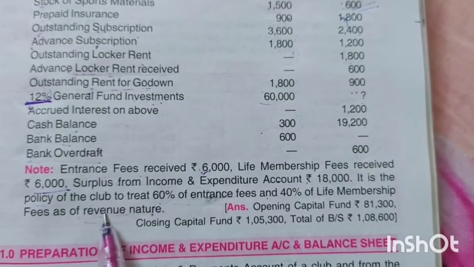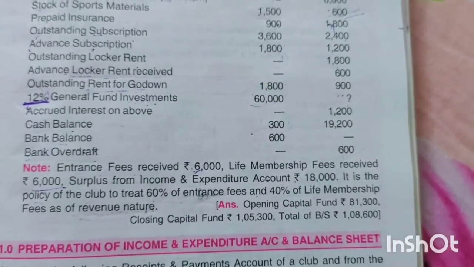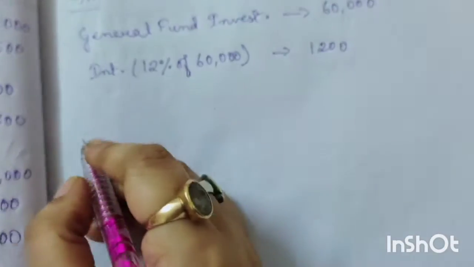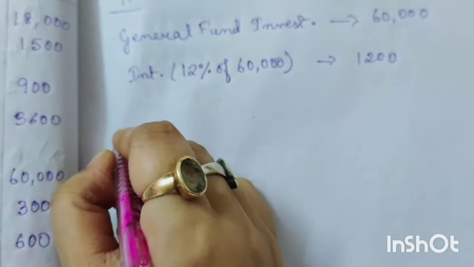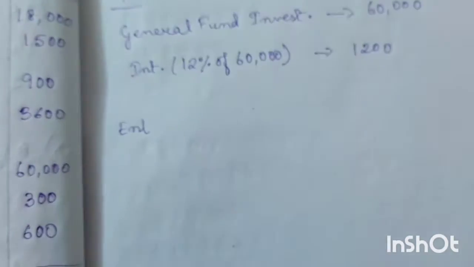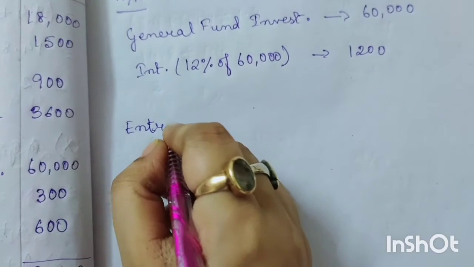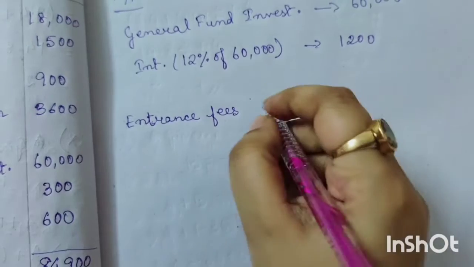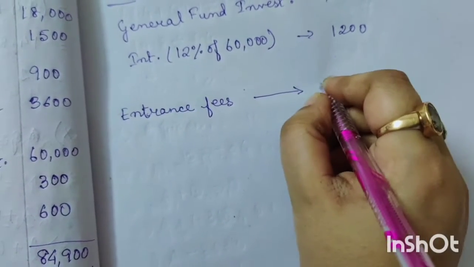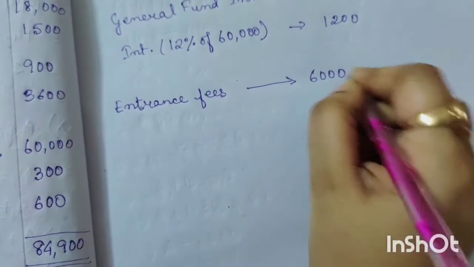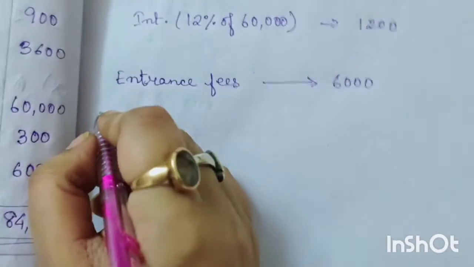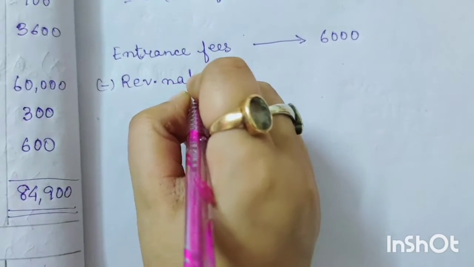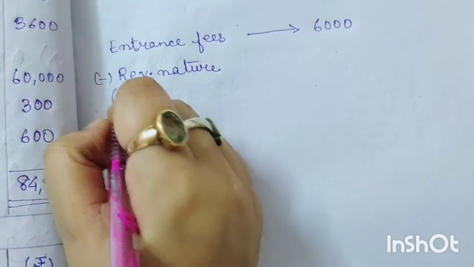Now going back to the question again, entrance fee received 6,000, but out of this 6,000, 60% of entrance fee is of revenue nature. So let us do the calculation. Entrance fees, the value is 6,000. Less, revenue nature means whenever it is of revenue nature, that will go in the income side of the income and expenditure account.